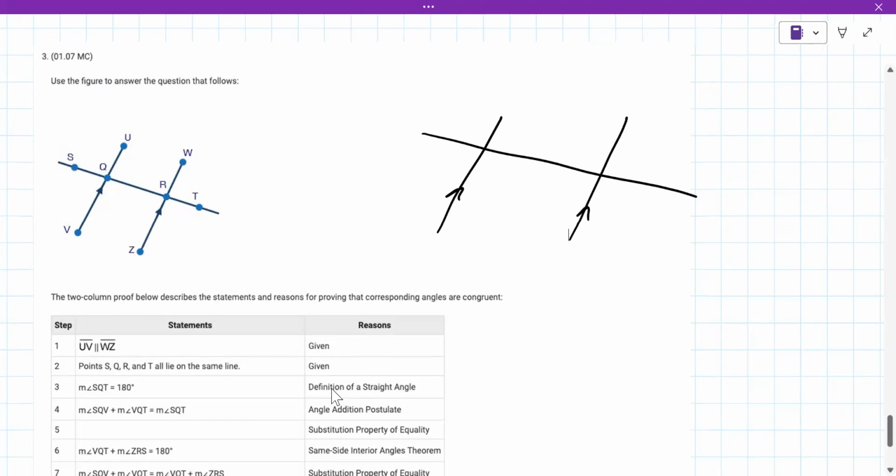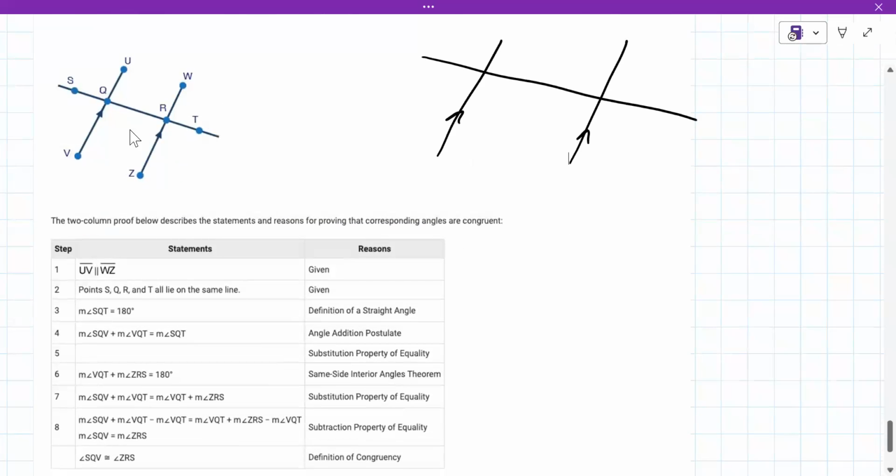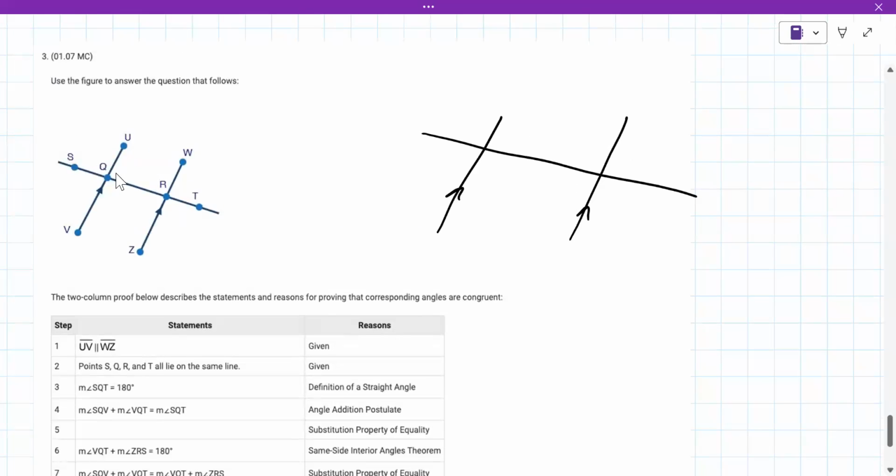That's fine. Now the measure of angle SQT is 180. So you're saying this is a straight angle, that's fine. Measure of angle SQV plus measure of angle VQT.